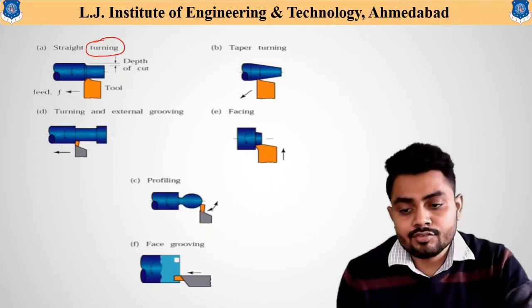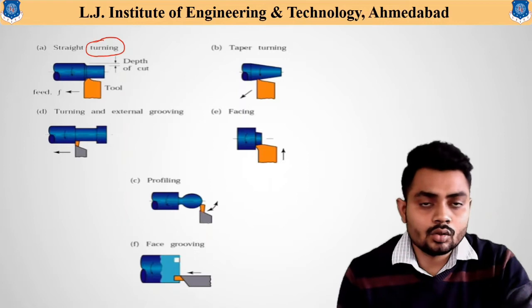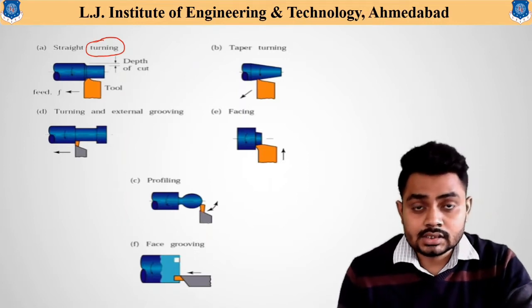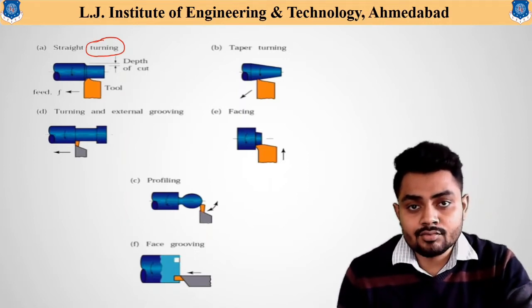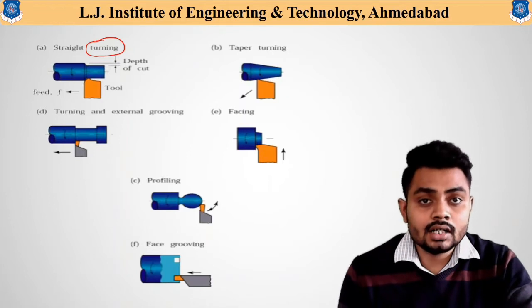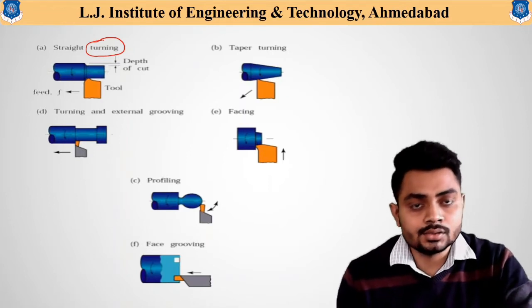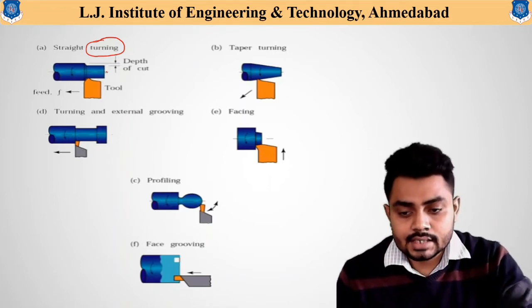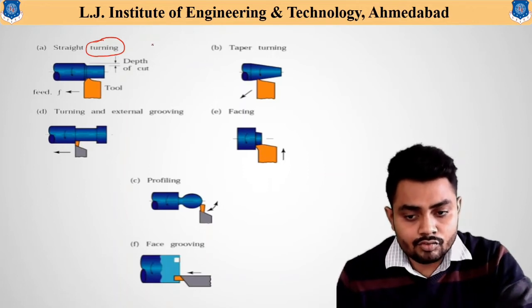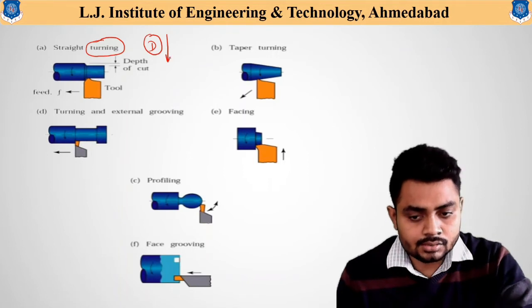From that, the first one is the straight turning operation. Now the straight turning operation is helpful when the diameter of the workpiece is to be reduced. That means straight turning operation is helpful when the diameter of the component needs to be reduced.